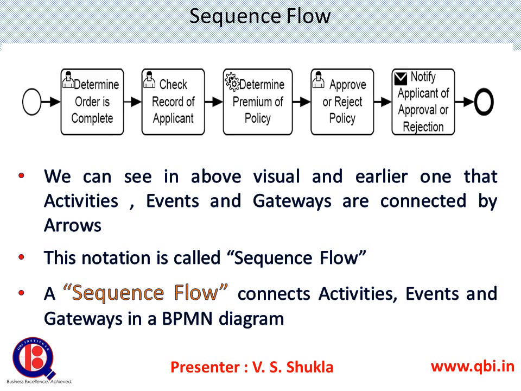We can see in the above BPMN visual and in the earlier visual that activities, events, and gateways are connected by arrows. This arrow is called the sequence flow. A sequence flow in BPMN connects activities, events, and gateways.